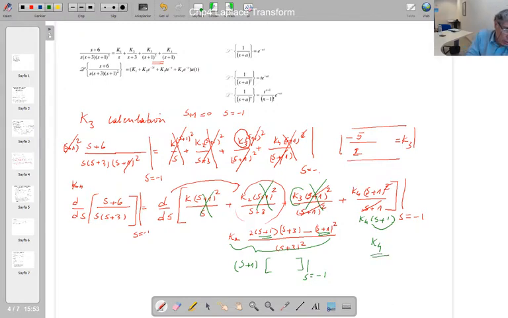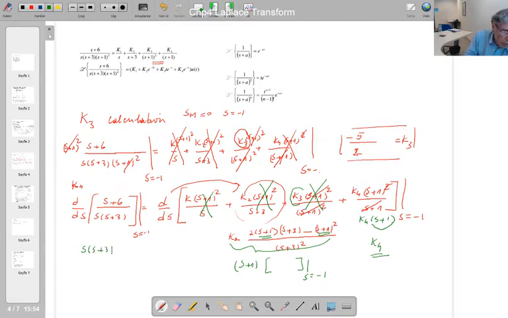So I am going to get the derivative of this function and replace s with minus 1 in order to find that k4 here. So let's do it now. Derivative of this numerator is 1 multiplied with the denominator, s plus 3.